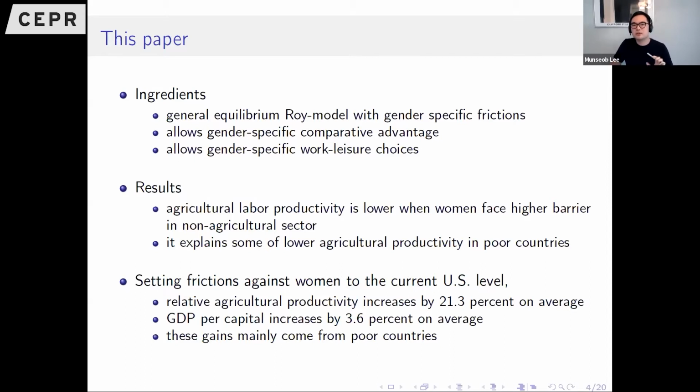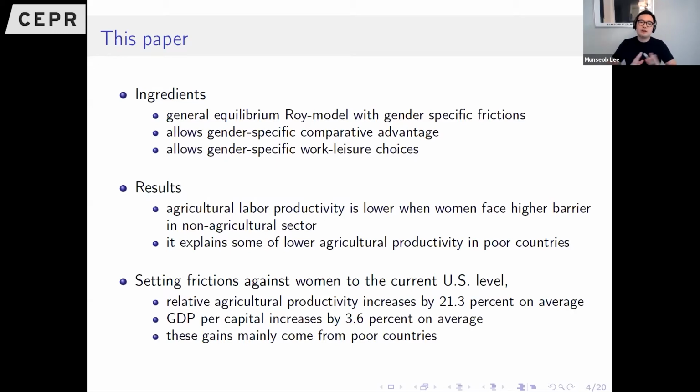This is going to be a general equilibrium Roy model with gender-specific frictions that differ in the two sectors. I allow gender-specific comparative advantage, and I also allow gender-specific work-leisure choices, because another fact I want to match is the U-shaped labor force participation by female workers and the inverse U-shaped labor force participation rate by male workers.